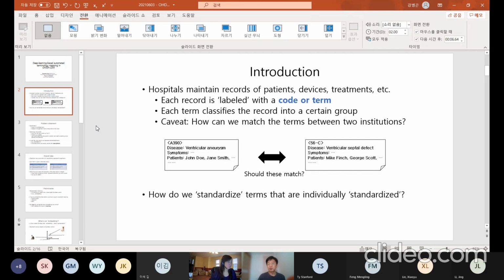The most obvious solution we can think of is to come up with a global term set that everyone can agree with, and then map the individual institutions' code sets to that global standard. And this is one of the efforts being done at OHDSI.